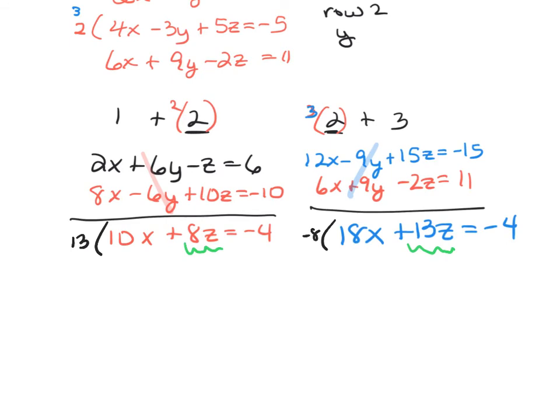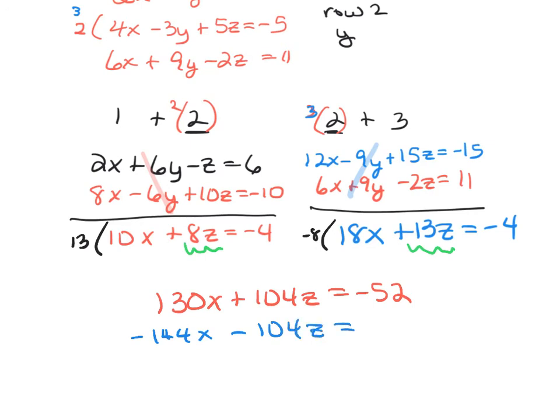So the red one becomes 130x, 13 times 8 is 104. And then 13 times negative 4 is negative 52. Now let me do the blue one. 18 times 8 gives me negative 144. And then this gives me negative 104. And then this gives me positive 32.